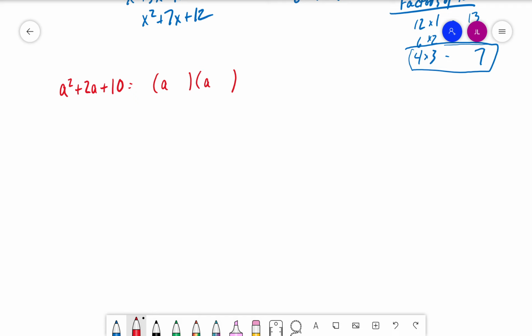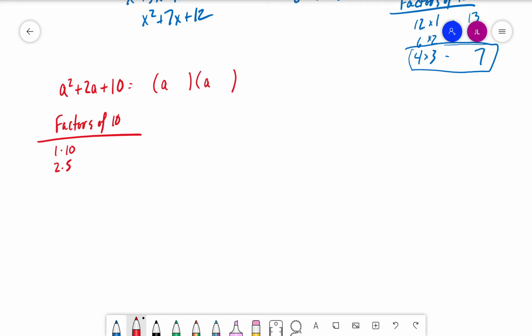If we look at the factors of 10, we have 1 times 10 and 2 times 5. Neither one gives us the required sum of 2.